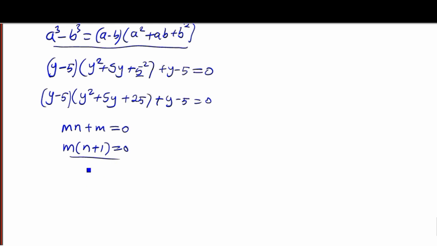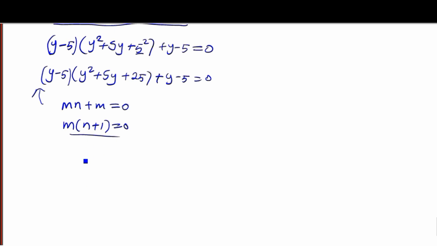So we can use this one to rewrite the original equation here and say we are going to assume that y minus 5 is the same as m now, and the whole of this is n, because we have y minus 5 here, another y minus 5 here. So rewriting, we shall have y minus 5, everything into y squared plus 5y plus 25, and then you are going to add what?